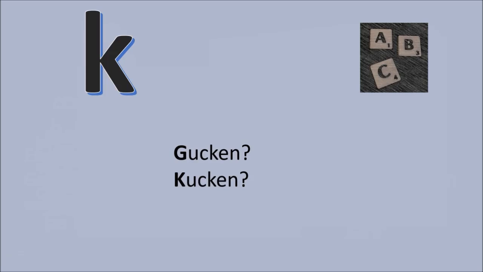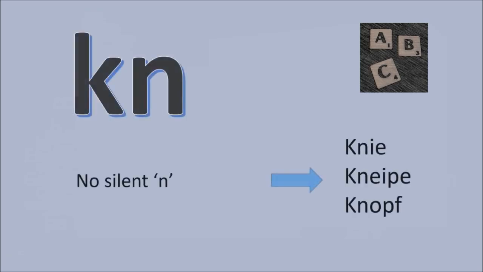So you still find the word written with a G, but pronounced with a K. Gucken. So if you hear somebody saying, guck mal, look, they probably would have spelt it with a G. I just wanted to add that in here.